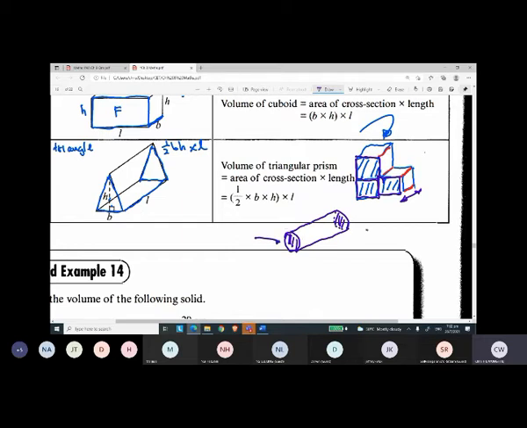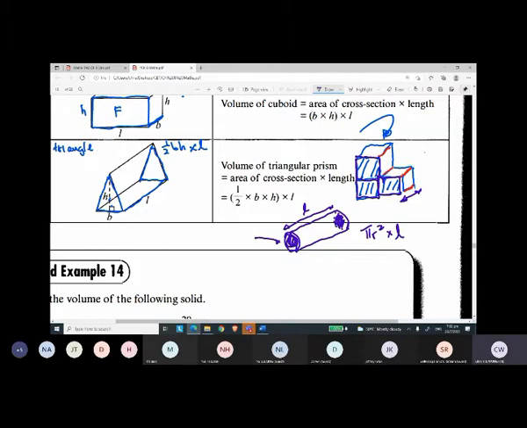In this case, it's a circle, right? So it is pi r squared. But if I ask you to find the volume, it's not finished yet. To join the front side and the back side together, you need a length, isn't it? This is your length. So the volume will be pi r squared times L. This is your volume. Is it very difficult?